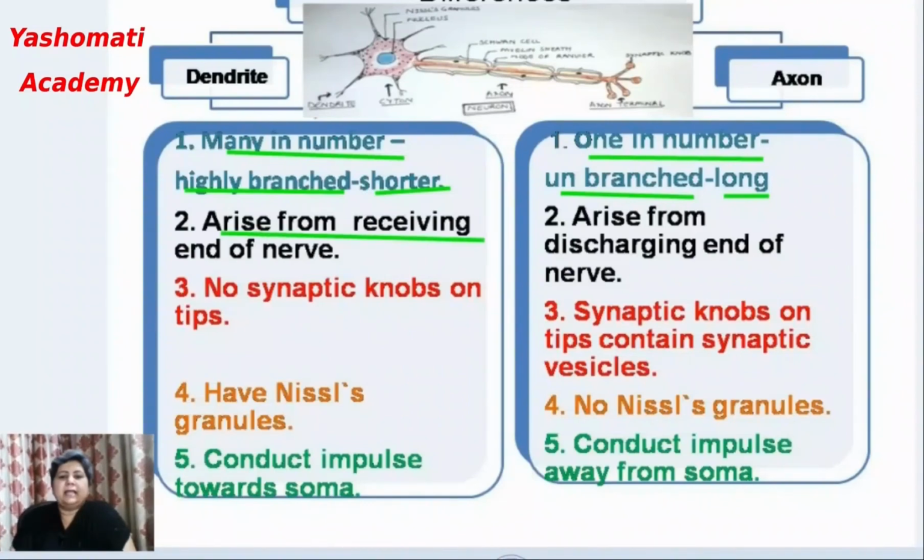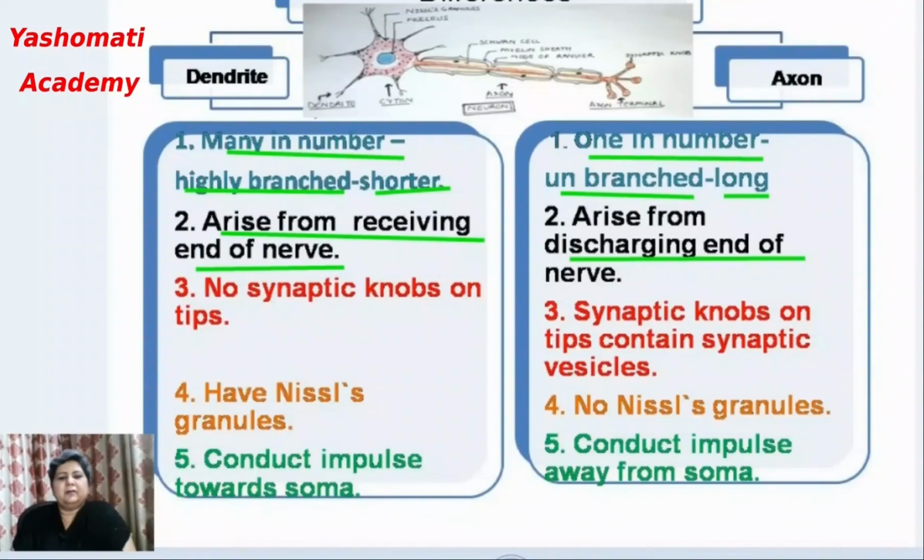Another difference is that dendrites arise from the receiving end of the nerve. The receiving end of the nerve means the end attached to the receptor organ, that organ which is going to receive the stimulus. So, dendrites are towards that end of the nerve which is attached to the receptor organ, whereas axons arise from the discharging end of the nerve.